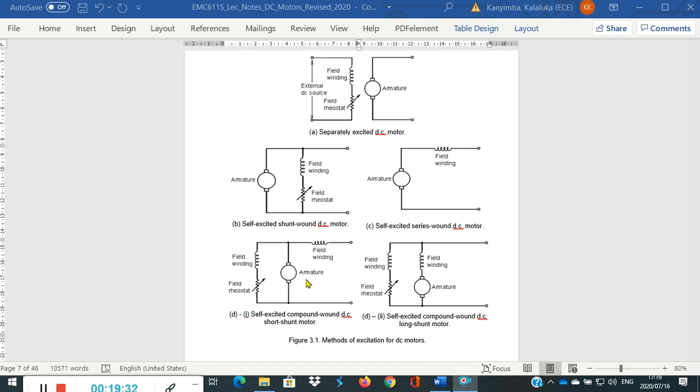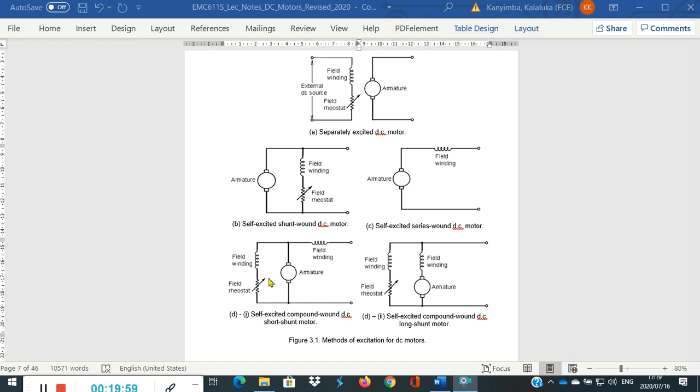Now, there are two variations as we saw in the DC generator. We have the short shunt motor, in which the field winding is first connected in parallel with the armature winding, and then the combination is connected in series with the series field winding. And that goes to the supply.